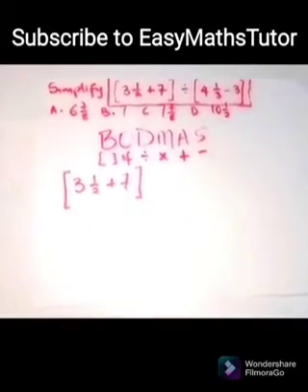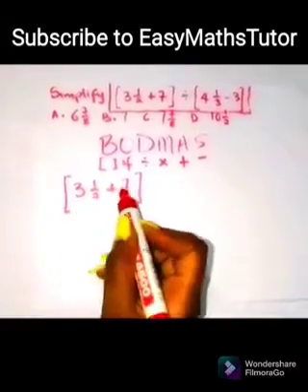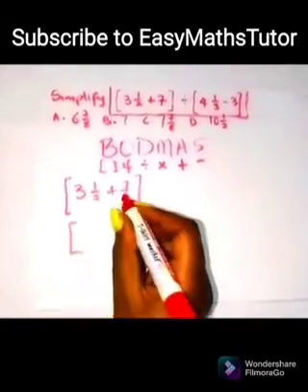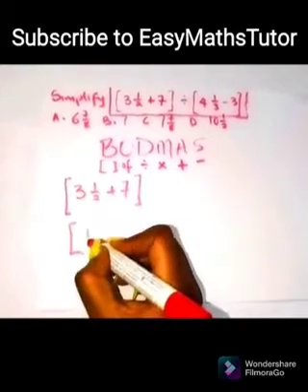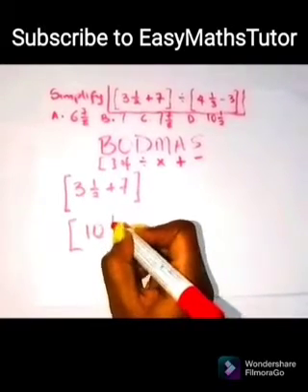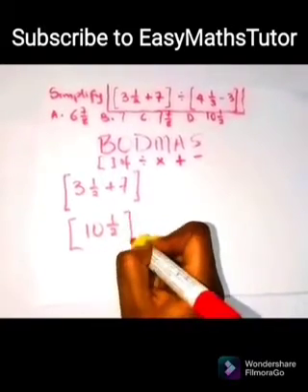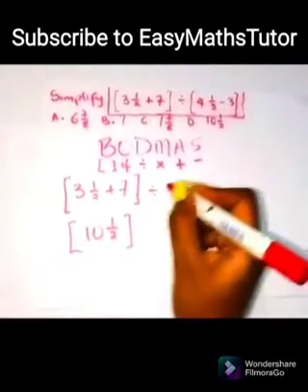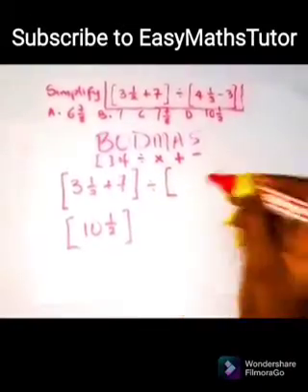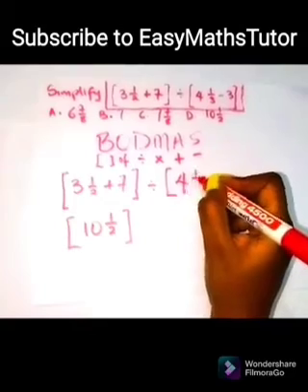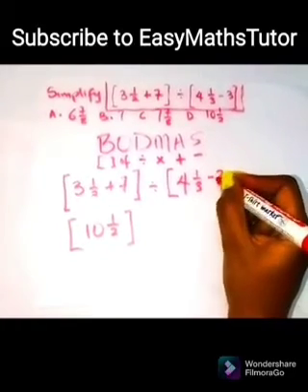We have 2 whole numbers, so it will simply be 7 plus 3, which is 10 and a half. So we'll solve the other bracket, which is 4 whole number 1 over 3 minus 3.